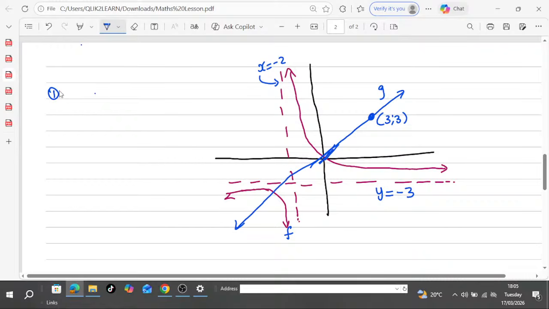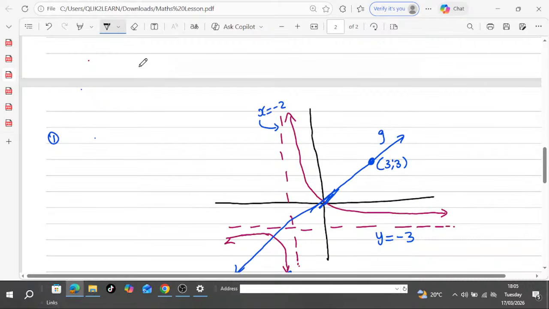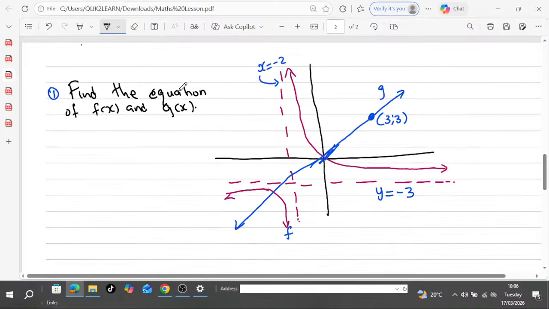The first question we need to find is the equation of f(x) and g(x). So this will be the last problem for the night.